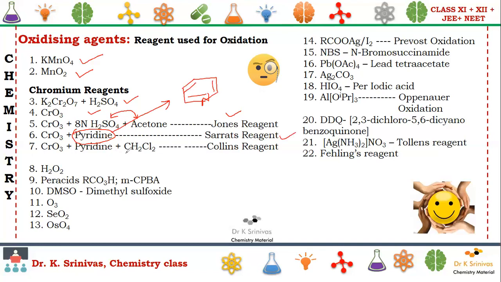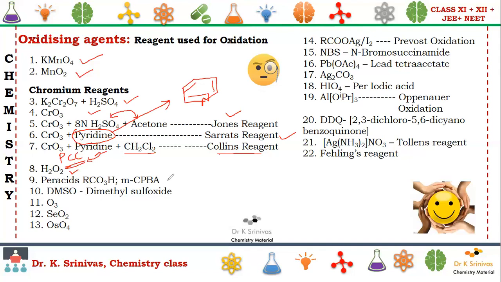Along with pyridine, if you take CH2Cl2, then it is said to be Collins reagent. Apart from this, we have one more, PCC, pyridinium chlorochromate, which can be obtained by this method and is readily available commercially. Next, H2O2 is hydrogen peroxide.